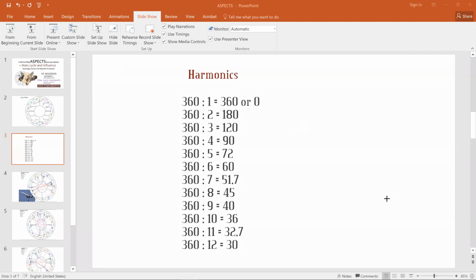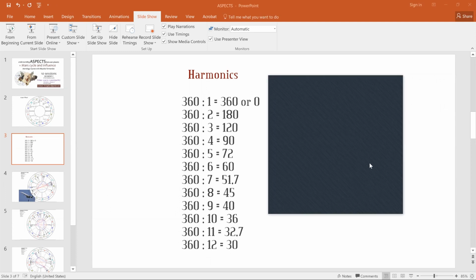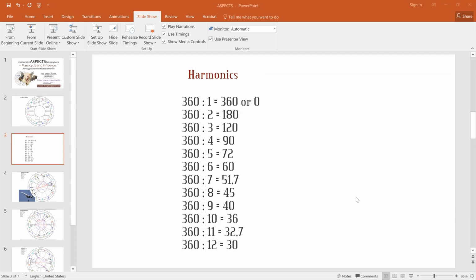Here it is. So this is the chart for our current moment. I'm just going to select this option. And what do we see?